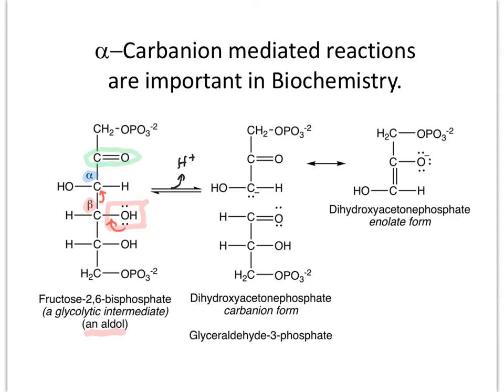And so if you've studied glycolysis, you've heard of dihydroxyacetone phosphate. This is the carbanion form of that. And you've heard of glyceraldehyde 3-phosphate, right?